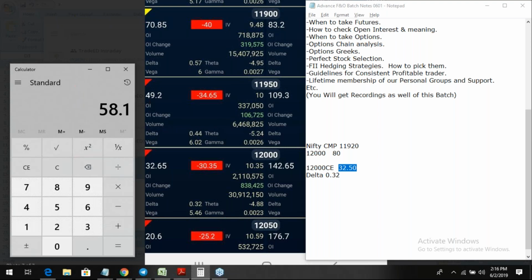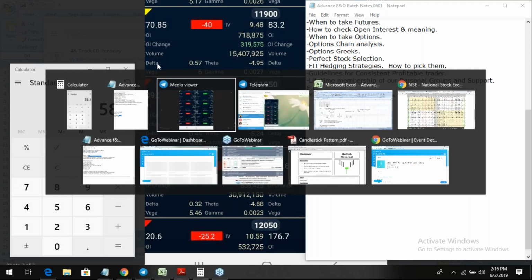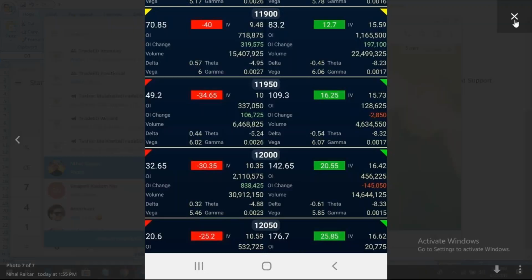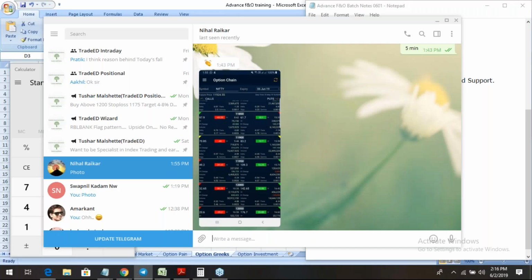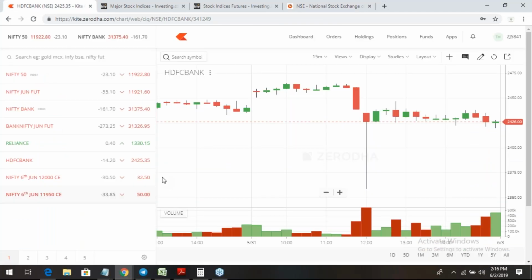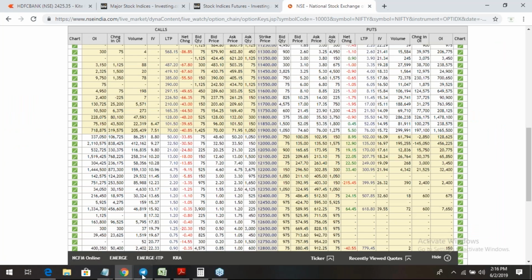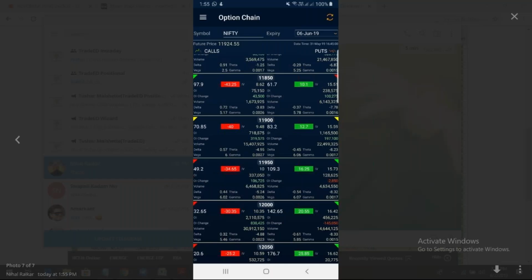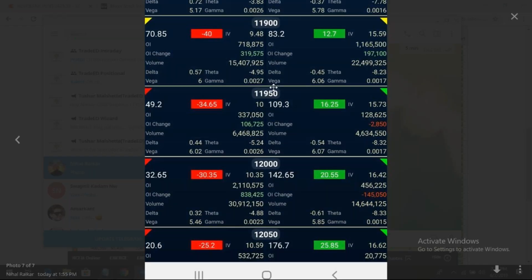Don't see this 32.65. I'm saying 32.50. 32.50, not 65. 32.50 is the current market rate. See, 32.50. What is the delta? 0.32.